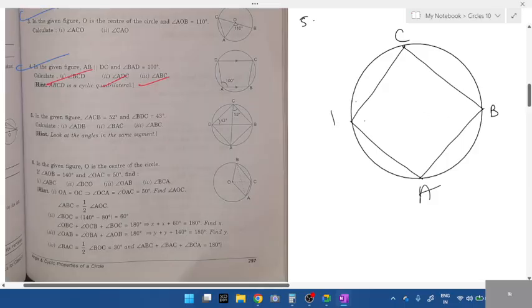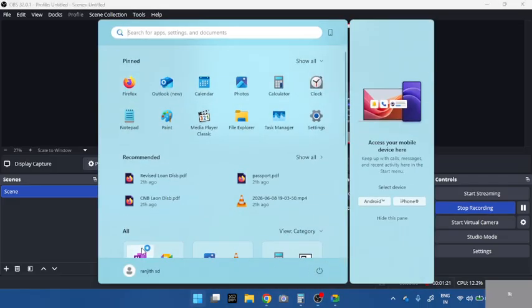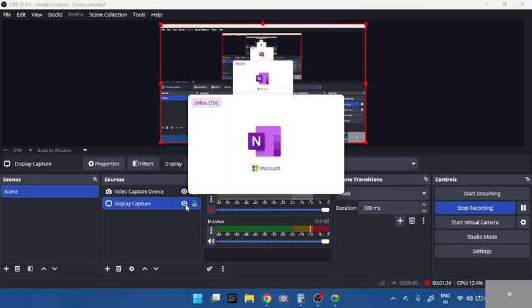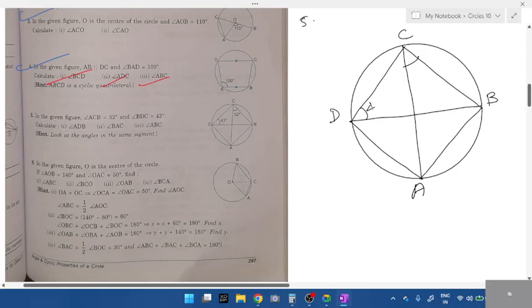It's a cyclic quadrilateral. Okay, there are two angles given.